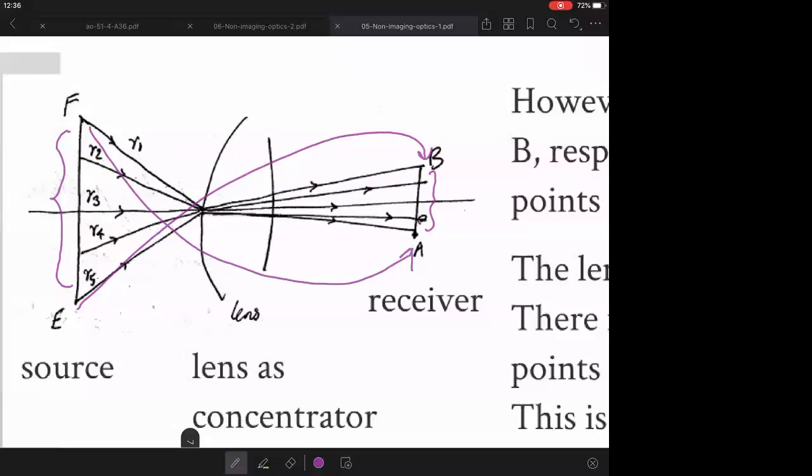Another way to say it is that the image of E is at B, and the image of F is at A, but for any point in between, there is no image, but the power from any point in between ends up at some point between A and B. And this is really the concept of non-imaging optics.